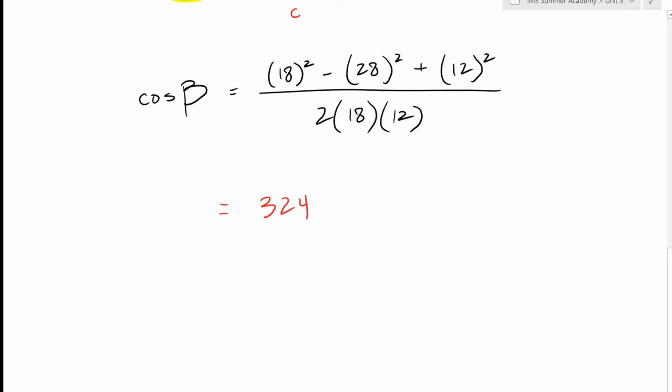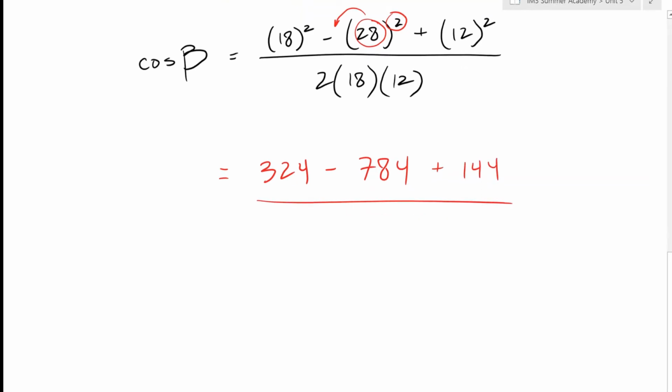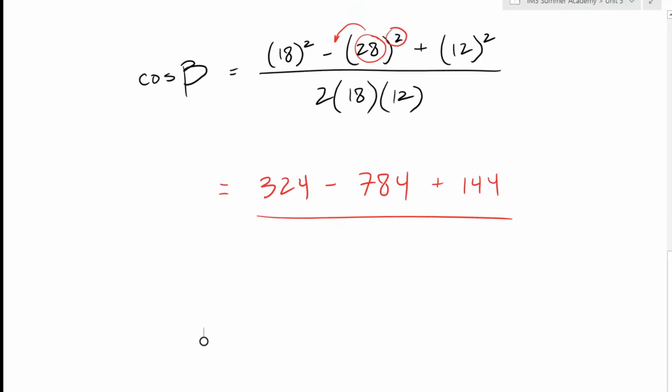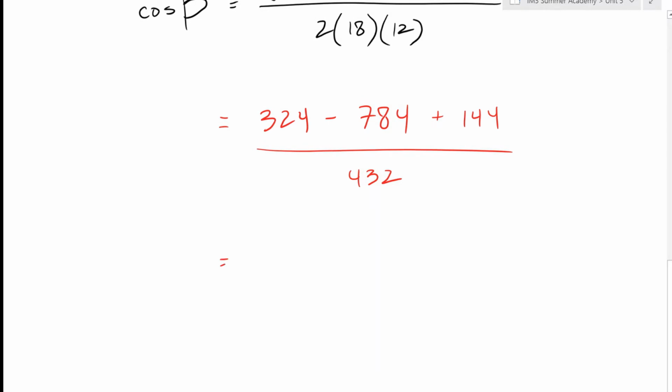Now careful here, this one is 28 squared, then apply the negative sign. So negative 784 plus 12 squared is 144, all over 2 times 18 times 12, that comes out to 432. Okay, so adding across the top, those 3 numbers, you come out to negative 316 over 432.